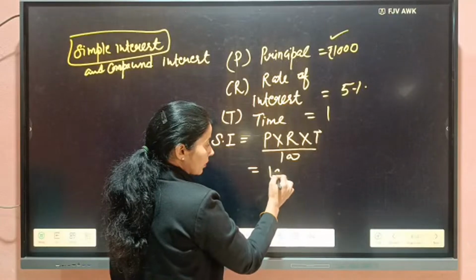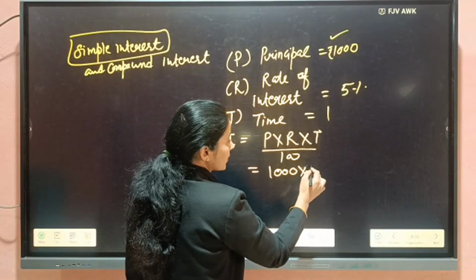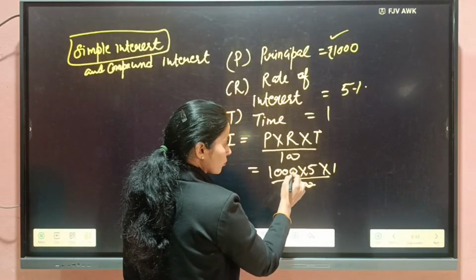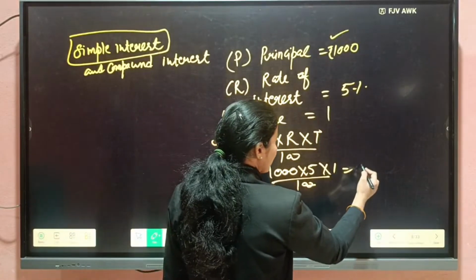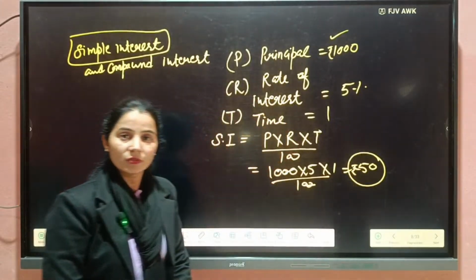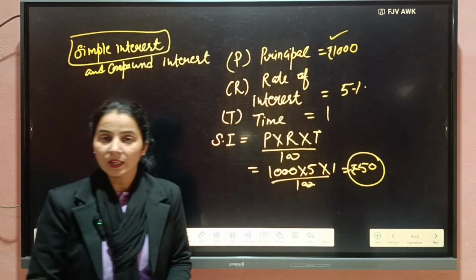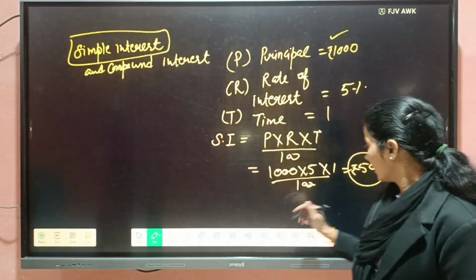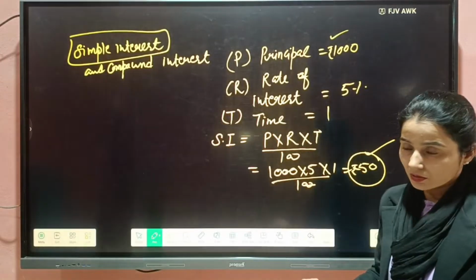My principal is 1000, rate is 5%, and time is 1, by 100. These 20 to 20 cancel. Now the answer is rupees 50. Means at the end of the first year you will get 50 rupees additional, which you get as interest.